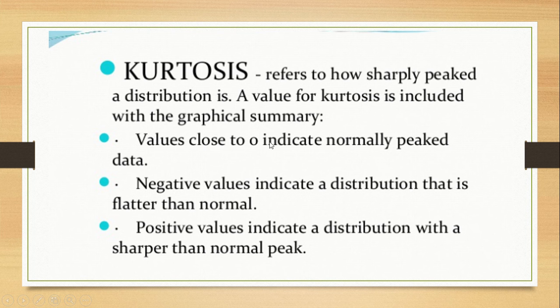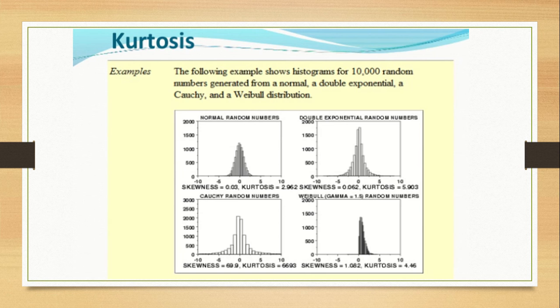Values close to 0 indicate normally peaked data. Negative values indicate a distribution that is flatter than normal. Positive values indicate a distribution with a sharper than normal peak, as you can see in this picture.